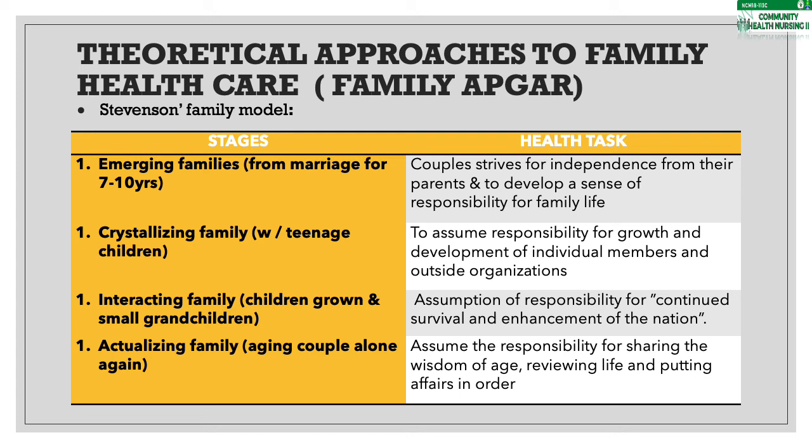So, according to Stevenson, there are four family stages. We have the emerging families, from marriage to seven to ten years, and its task is that the couples must strive for independence from their parents. The keyword here is independence from their parents, and to develop a sense of responsibility for family life. After they develop independence from their parents and a sense of responsibility for family life, we have the crystallizing family, those with adolescent or teenage children.